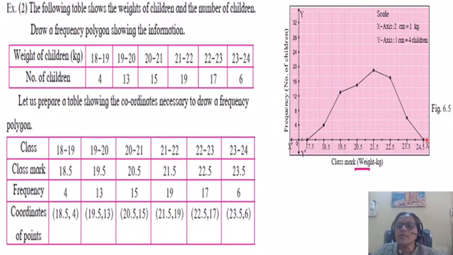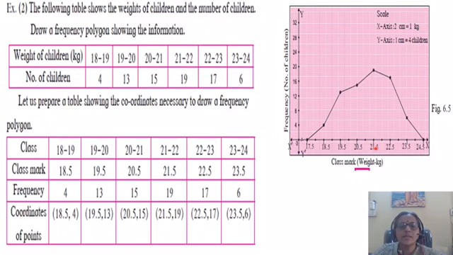So mark it. Then your first point is 18.5 comma 4. So this is 18.5 and this is 4. The next is 19.5 and this is 13. Then 20.5 and this is 15.